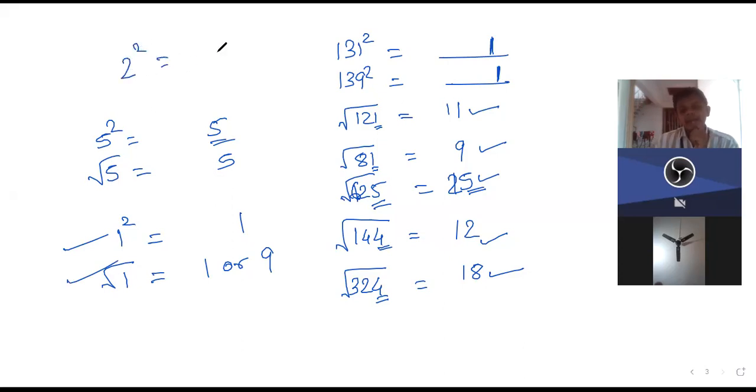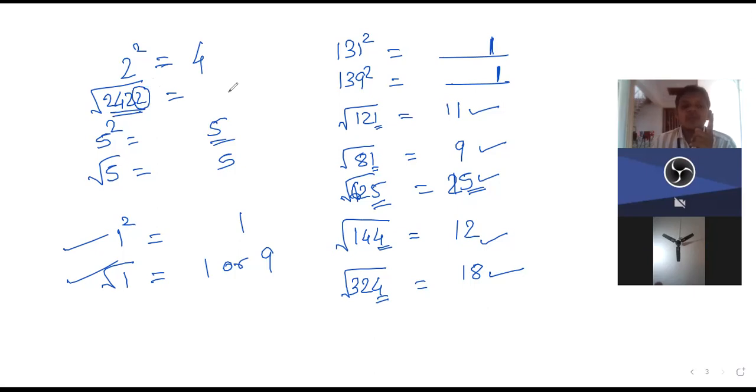2 square will be 4. What will be the square root of a number ending with 2? Say 2422. What would be the answer? Sir, it would not be a square number. Exactly. This number ending with a 2 is not a square number.